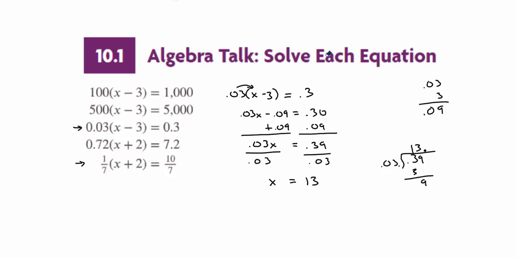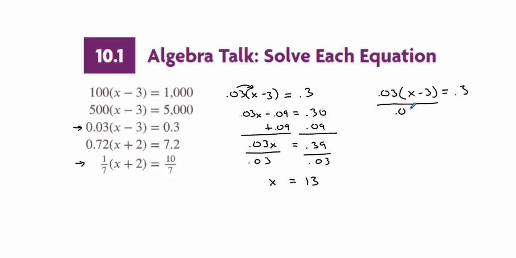So now I'm going to do that using division instead of the distributive property. So I start out with 0.03 times the quantity x minus 3 is equal to 0.3. So instead of using the distributive property, I'm just going to divide this by whatever I'm multiplying by. So divided by 0.03. I'm going to divide this by 0.03. So I end up with x minus 3 is equal to 0.3 divided by 0.03.